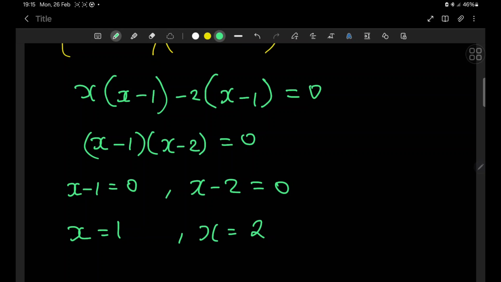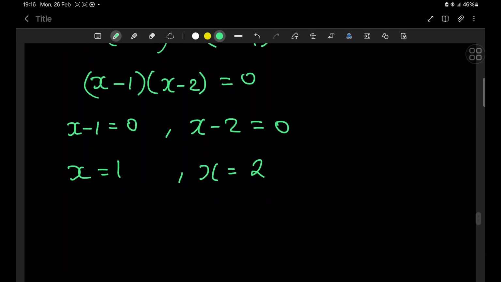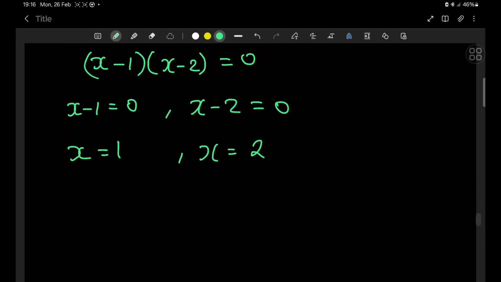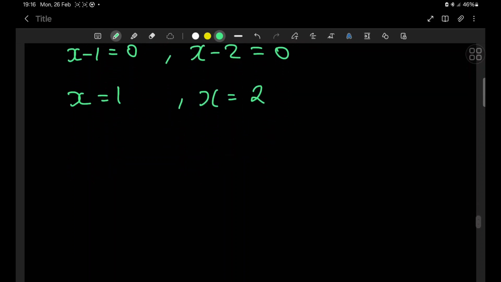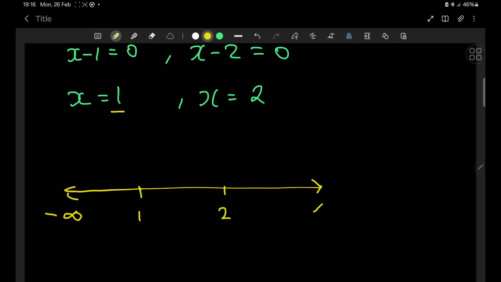Now we need to use our number line to get the interval where this inequality lies. With our number line, we can draw that. We have from -infinity, then 1, then 2, and then +infinity.